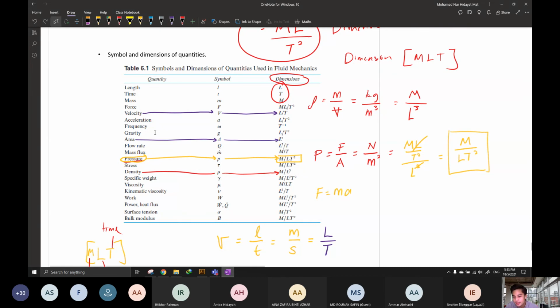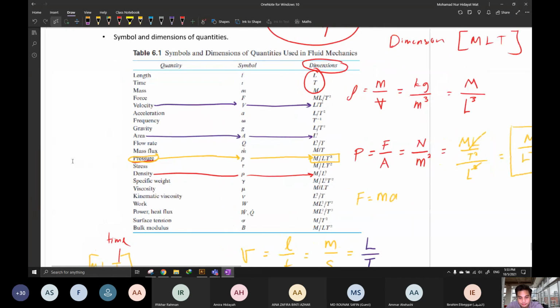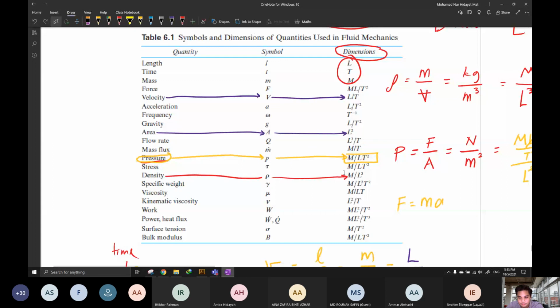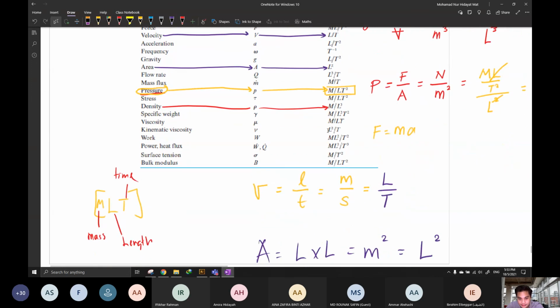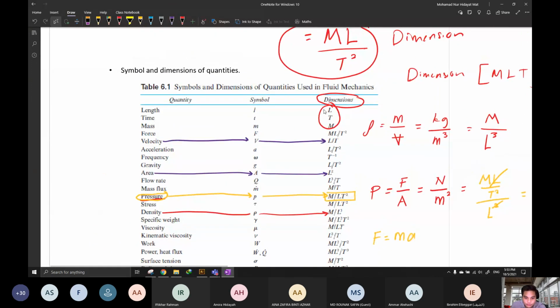So far, did you manage to catch up on the dimension? Okay, Doctor. It's not so difficult because it is just checking the MLT system. I need you to remember MLT, not so difficult. MLT.